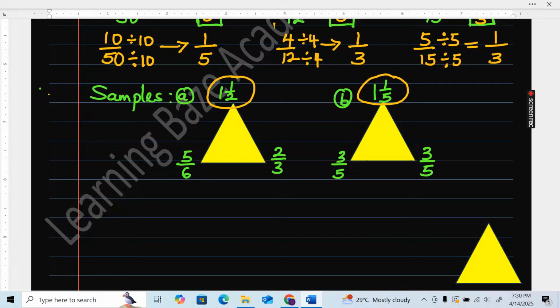Are we going to say 5/6 plus 2/3, or are we going to say 5/6 minus 2/3? I want you to think about it. Look at sample B also. Is it going to be addition or subtraction? Take note, whatever method you use for the first one must go with the second. If you add in the first sample, you must add in the second sample.